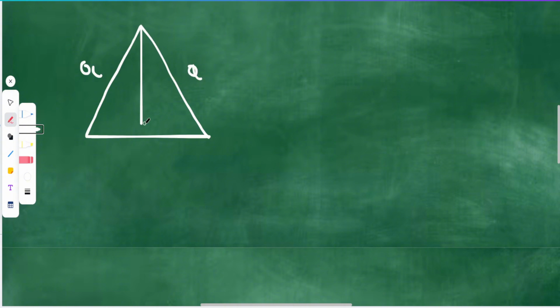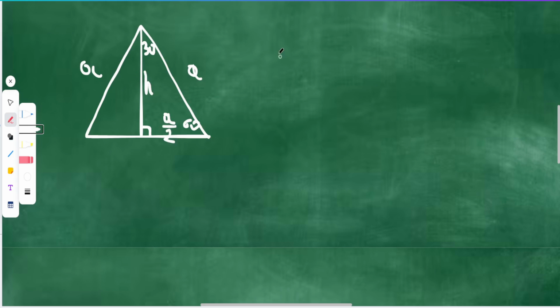For the needs of the task, I will draw here the height and mark the angles 60, 30. Because in an equilateral triangle, the height divides it in exactly this proportion. Apart from that, since this side is a long, the height divides it into 2 equal parts. Then in this place there is a by 2, in this place there is the height, we will mark it with the letter h.